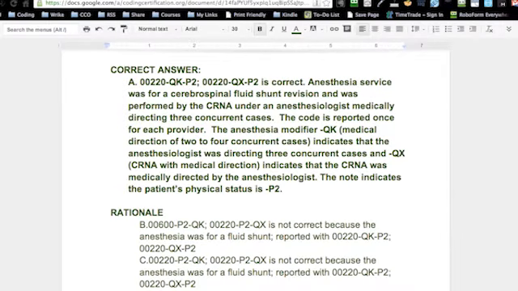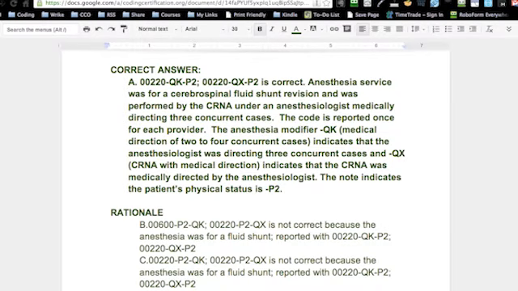The code is reported once for each provider. The anesthesia modifier QK, medical direction of 2 to 4 concurrent cases, indicates that the anesthesiologist was directing. And then QX was the CRNA with medical direction.